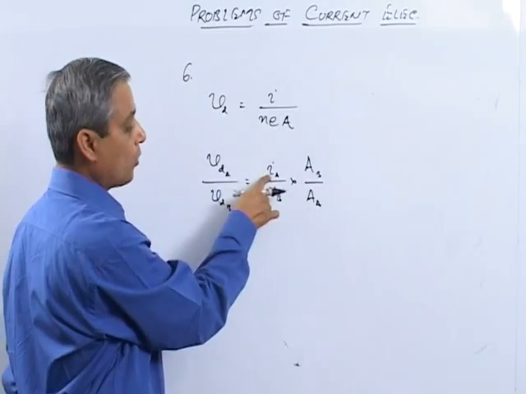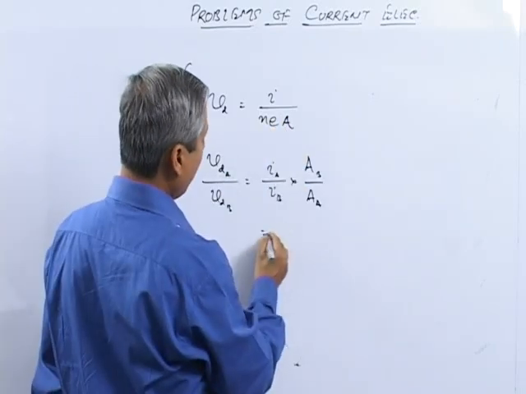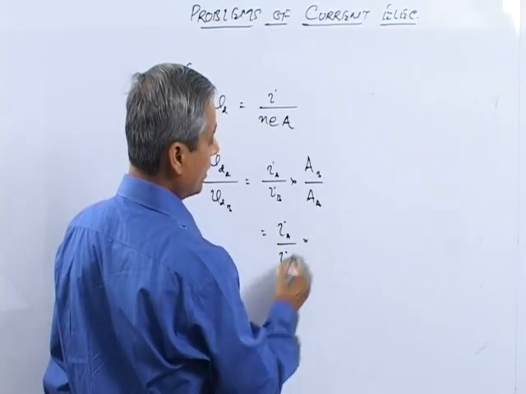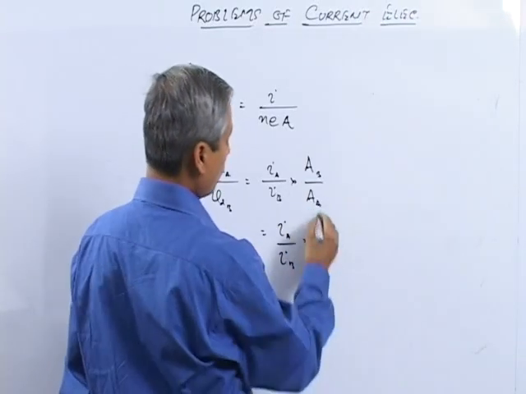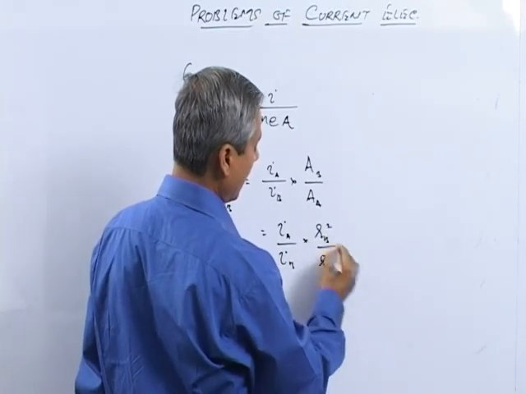It is directly proportional to I and inversely proportional to area. Area means, actually area of cross section is proportional to radius square. So this can be written as RB square upon RA square.